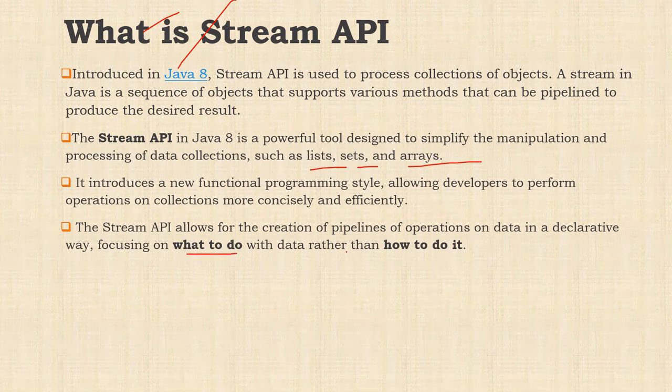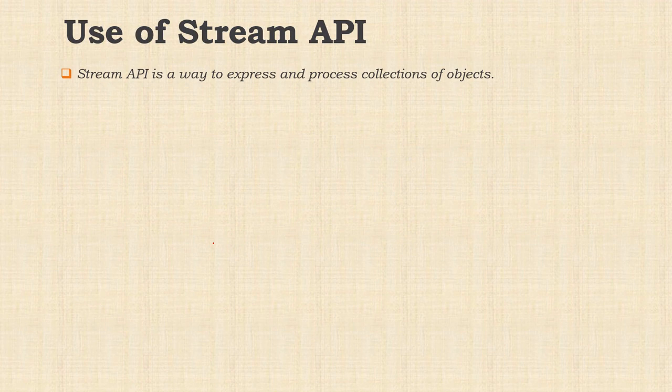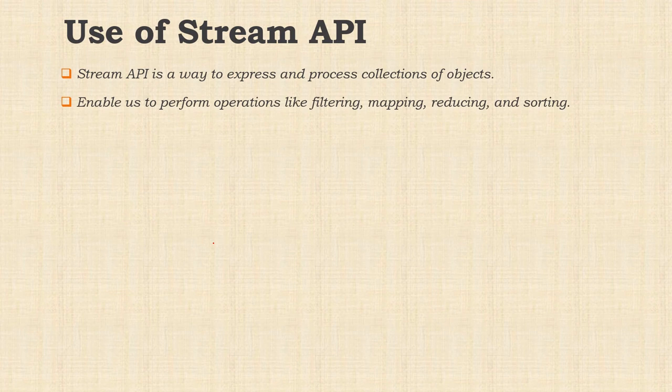So we are going to see the use of Stream API. Stream API is a way to process collections of objects, enabling us to perform operations like filtering, mapping, reducing, and sorting.